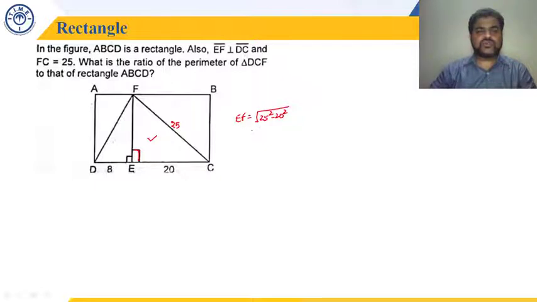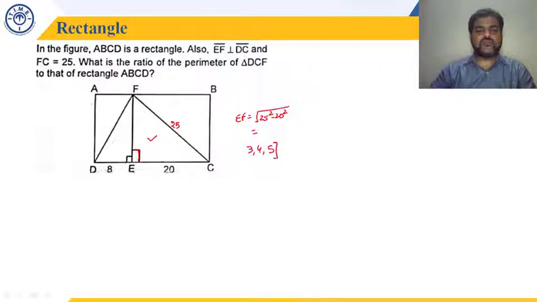So calculating this, you can get the value of EF, and we can do it otherwise also. If you remember the Pythagorean triplets, you would remember 3, 4, 5 is a Pythagorean triplet. And if I multiply all three numbers in a Pythagorean triplet by a common number, the new numbers generated are also Pythagorean triplets.